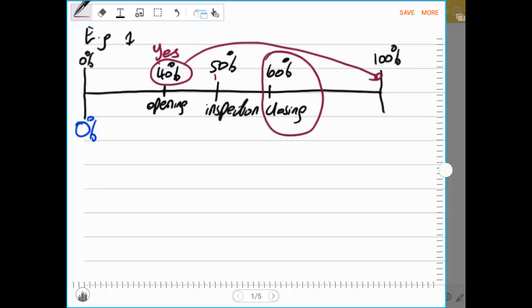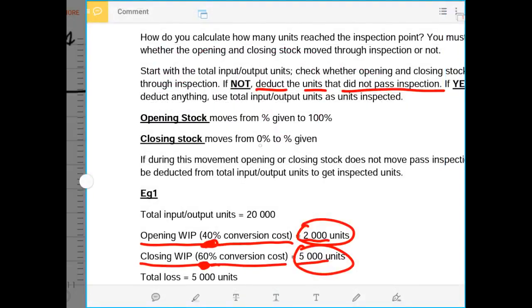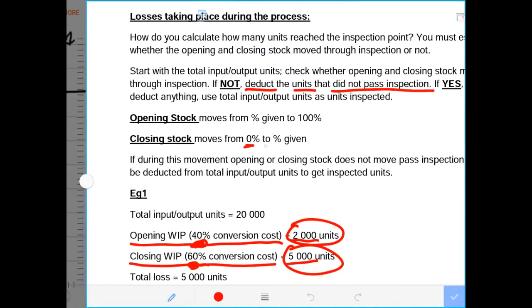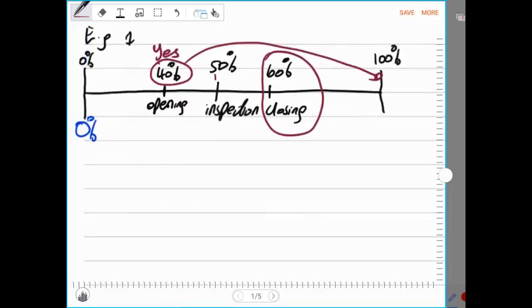And they told us that closing stock moves from 0% up to a given percent. So let us check where is 0%. Here is 0%. We all know that this is 0%. So closing stock moved from 0% up to the given percentage, and the given percentage is 60%. Did the closing stock pass the point of inspection?